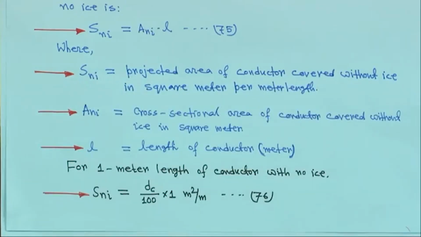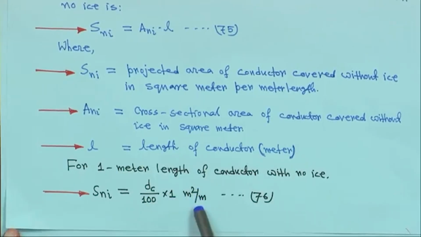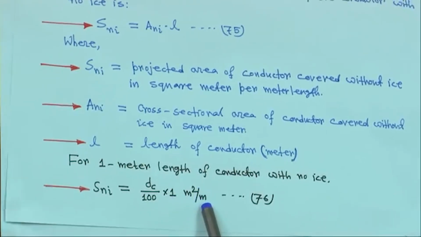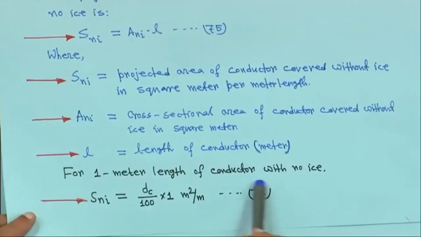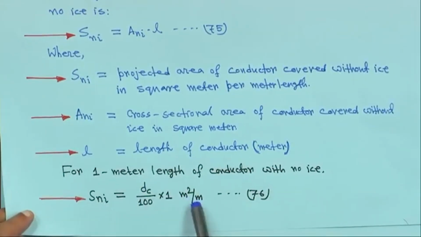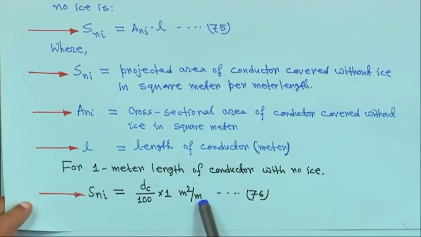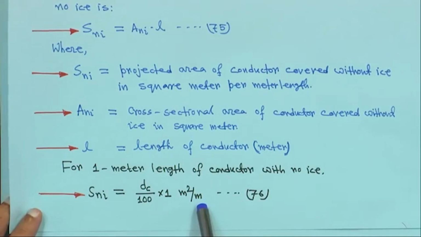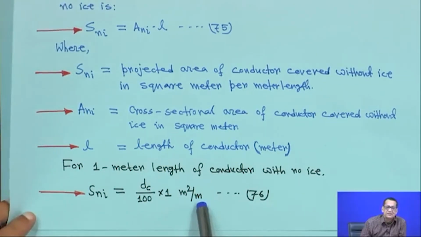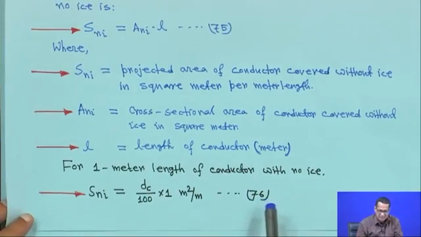Therefore, it is dc by 100 into 1, the area will be meter square per meter. That means, for 1 meter length of conductor with no ice, SNI will be dc upon 100 into 1 meter square per meter. That means, per meter this is the area. This is the meaning. So, I think there will be no confusion. So, this is equation 76.